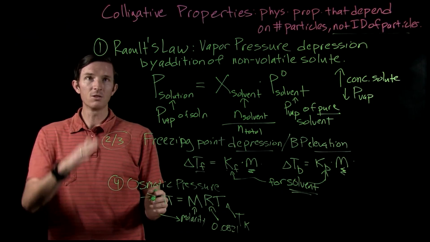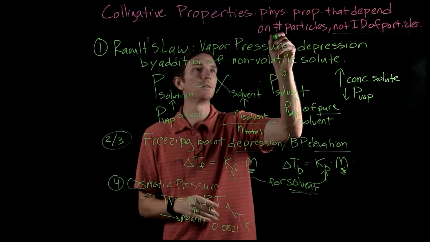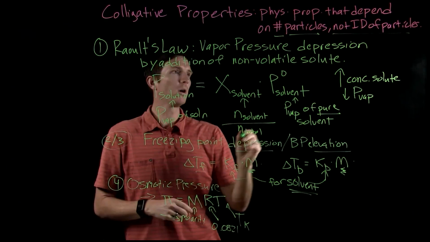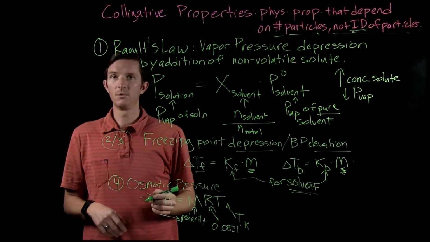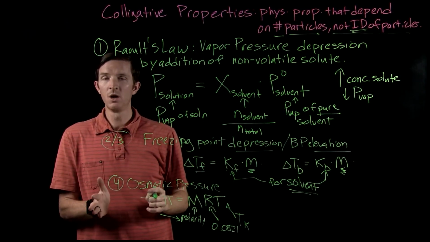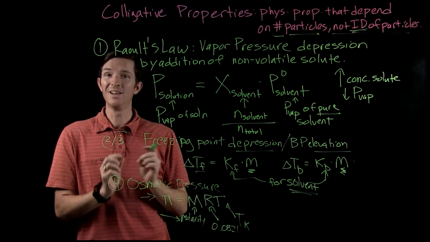Okay. So I just wanted to give us an overview of these colligative properties and really emphasize that it's dependent on the number of particles, not on what's actually dissolved. If I have 2 moles of ions, or if I have 2 moles of a molecular compound like sugar, it doesn't matter.